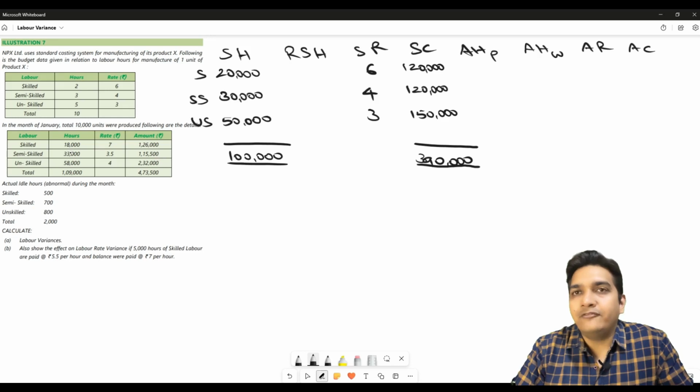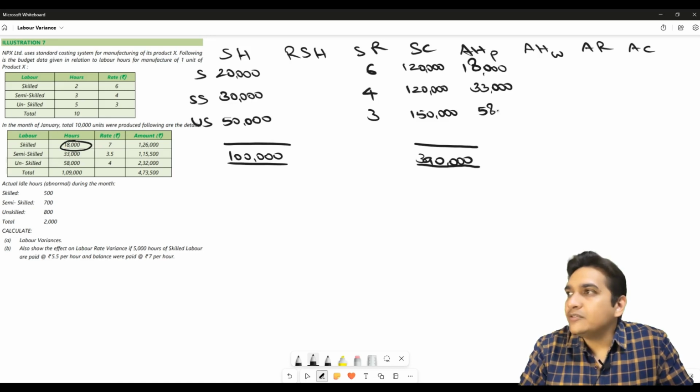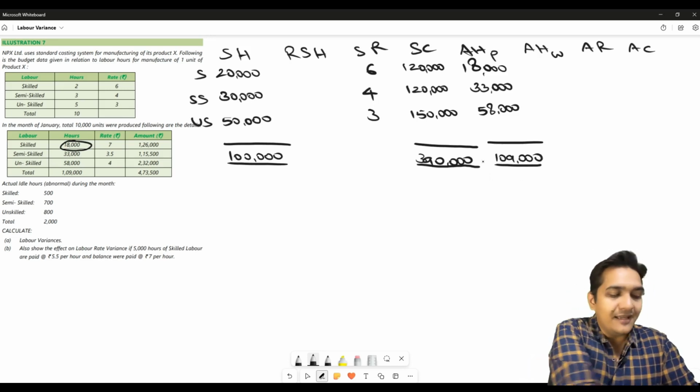However, further they state the idle time for each type of labor. So what we do here is we assume this to be our actual hours paid. So actual hours paid would be 18,000, 33,000, and 58,000. The total of this is 1,09,000, which is provided in the question. However, let us recheck.